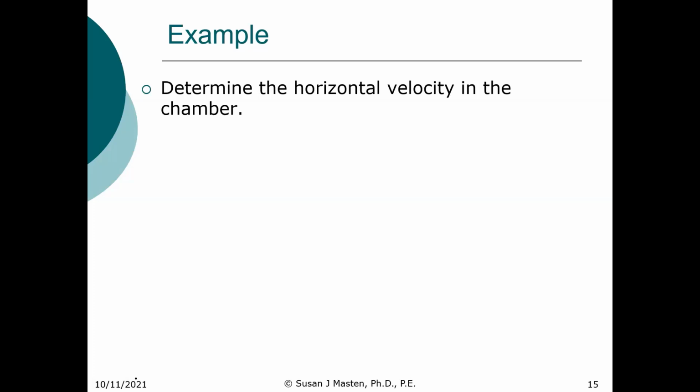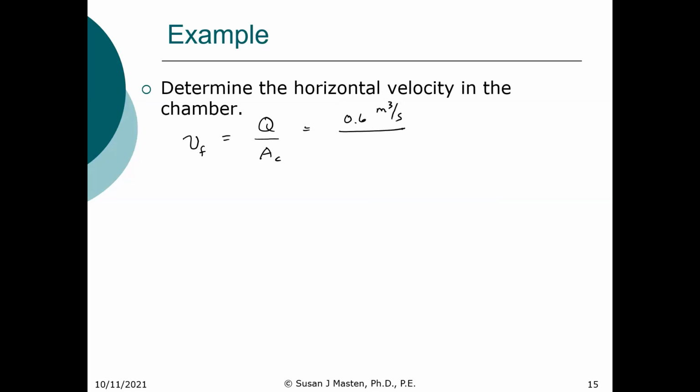The last thing that I wanted to ask, that I've asked you, is to determine the horizontal velocity in the chamber. And this is equal, so the horizontal velocity is equal to Q divided by the cross-sectional area, and Q is 0.6 meters cubed per second.